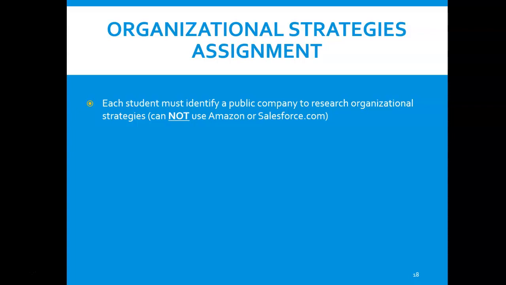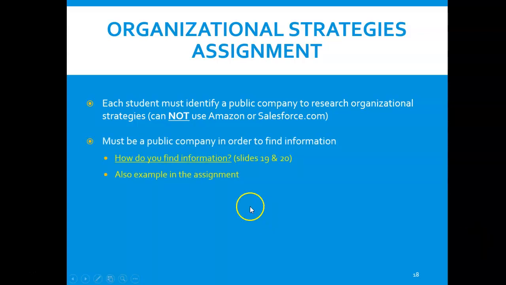And then in this assignment, there's an example I did from Salesforce.com. So no on those two companies. Any other public company is fine. You do not need to get permission from me. And I'm saying public company because there's going to be more information on a public company versus a private.